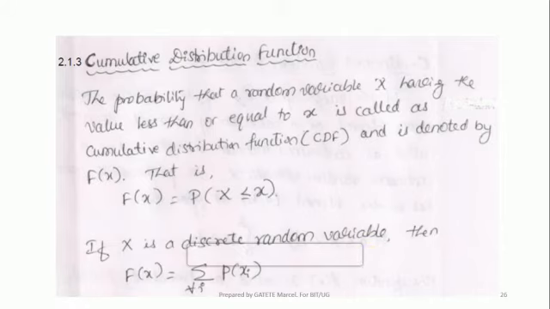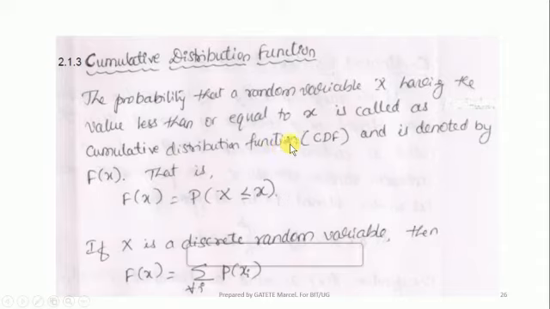Another notion you can have here is the cumulative distribution function. A cumulative distribution function, as its name states, means that we have cumulative values, or values which are combined. So the probability that a random variable X has a value less than or equal to x is called the cumulative distribution function.